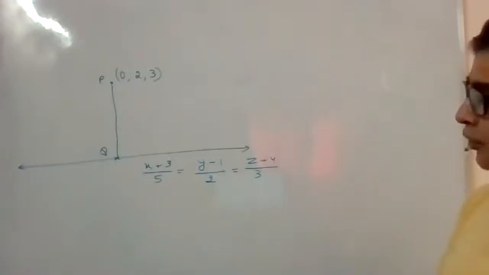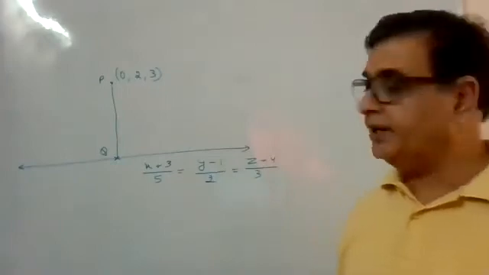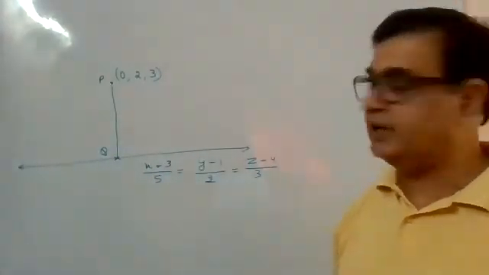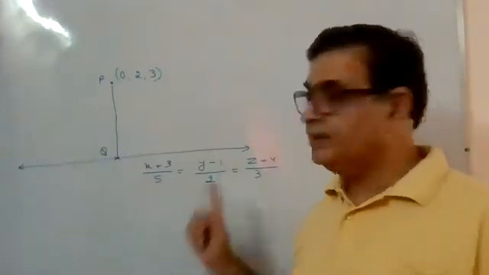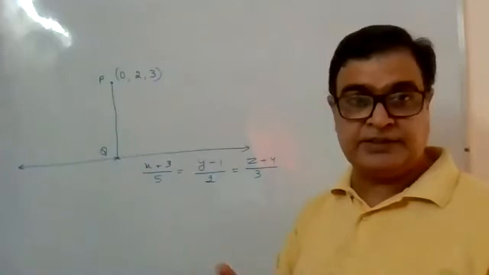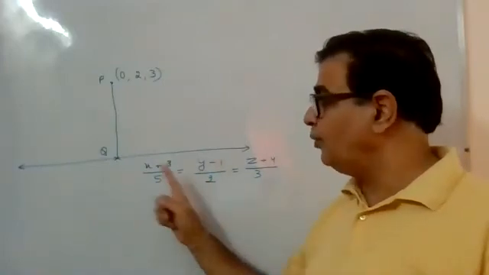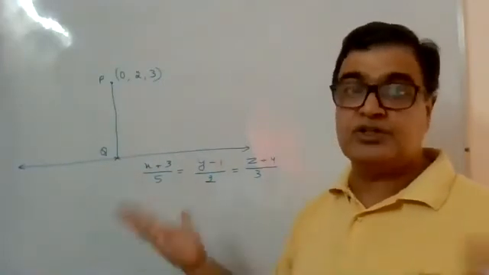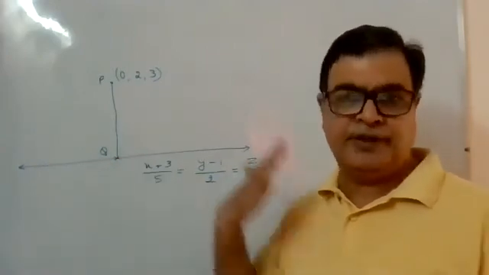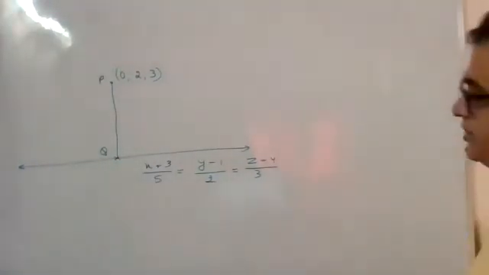Now to get this point, just check here. This is the line on which this point Q exists. So its general point can represent Q, because general means in terms of lambda. A special value of lambda will give this point later, but we will take the general point first.